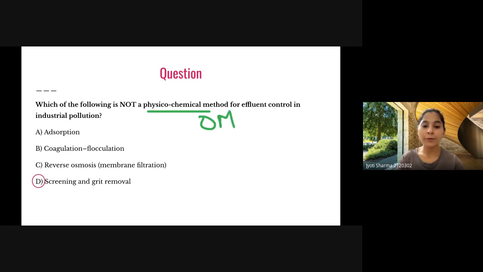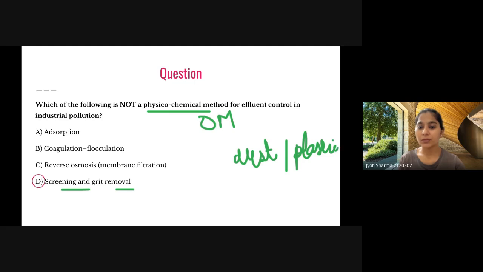If it were about removing dust and all, then under the physical methods, screening and grit removal, or even if you want to remove plastic, that time this should not be the answer. But right now, because we are talking about how we can remove organic matter from wastewater, right?